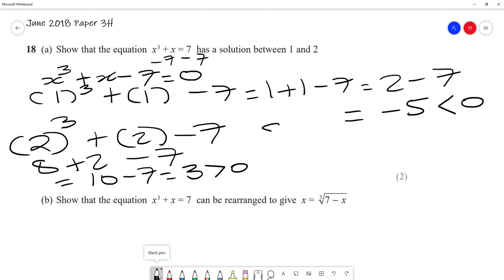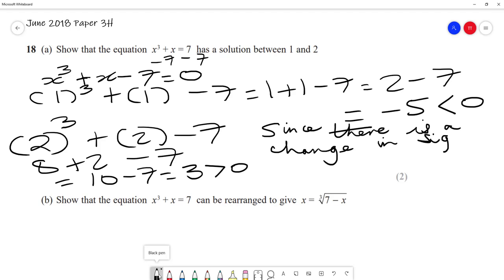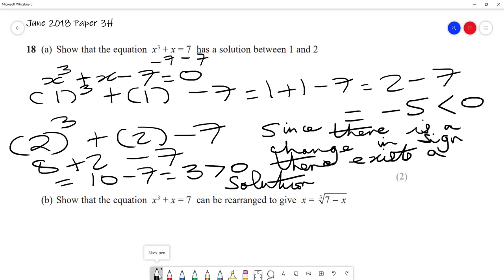So now we say, since there is a change in sign, we say there exists a solution between 1 and 2. And that's it.